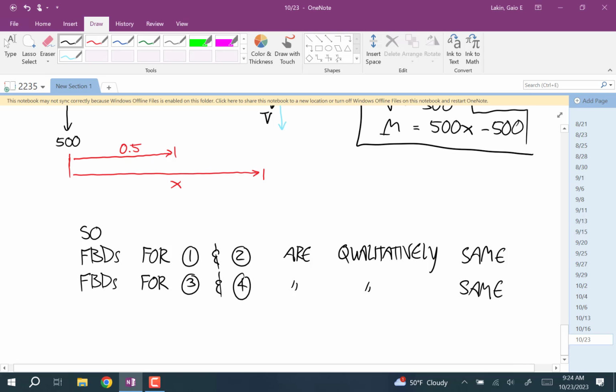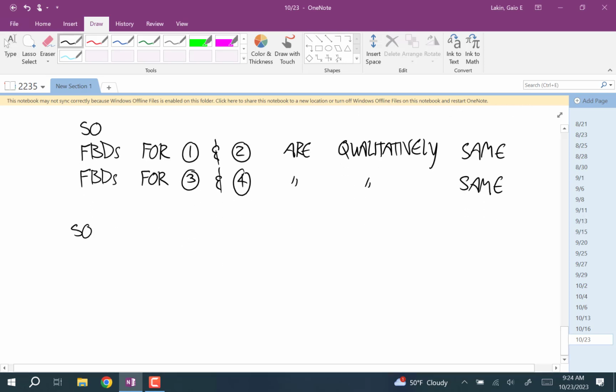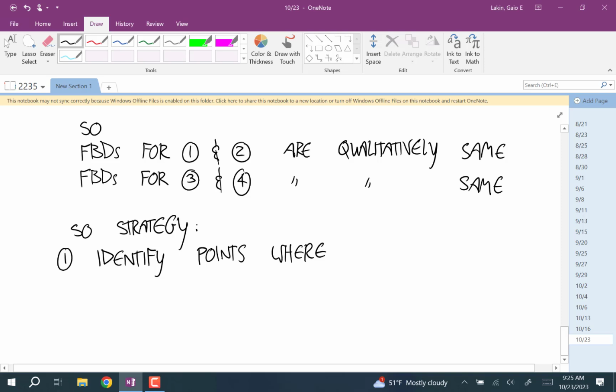So now we sort of see a strategy, okay? First, identify the points where a point load is applied, or we'll also see that we want to figure out where any distributed load functions change.